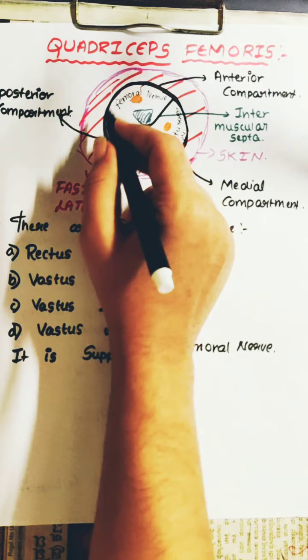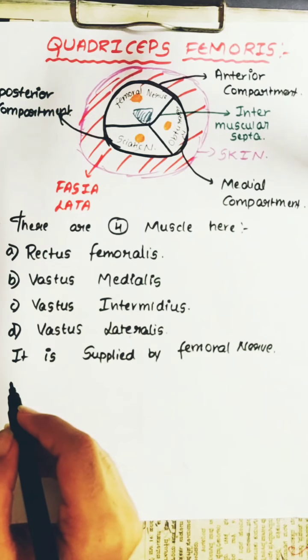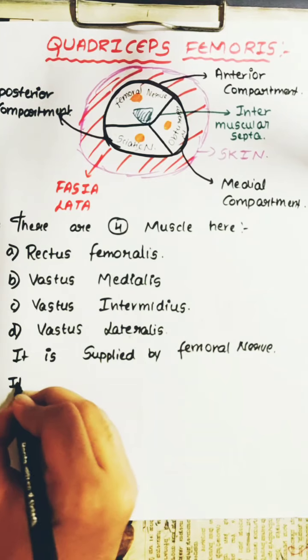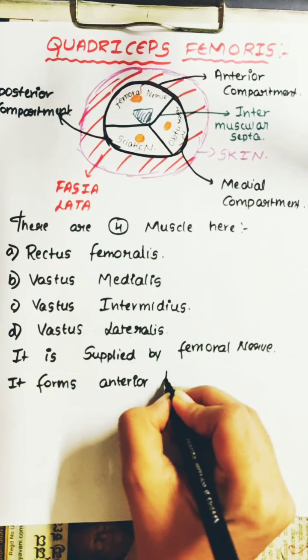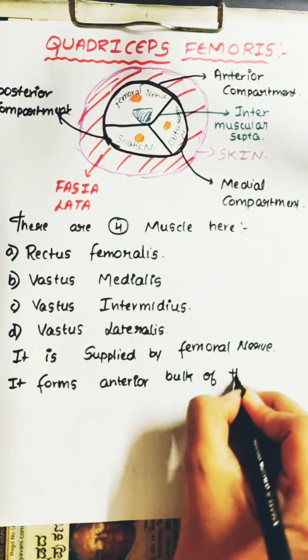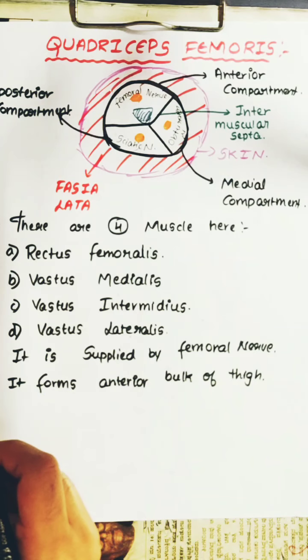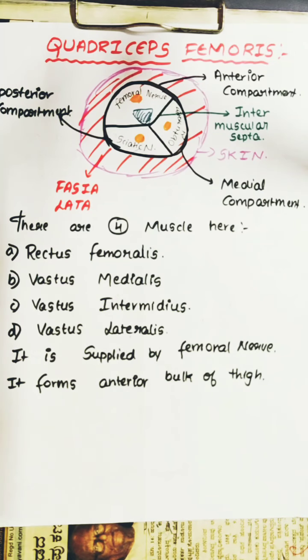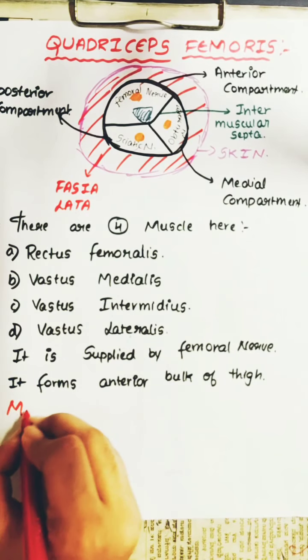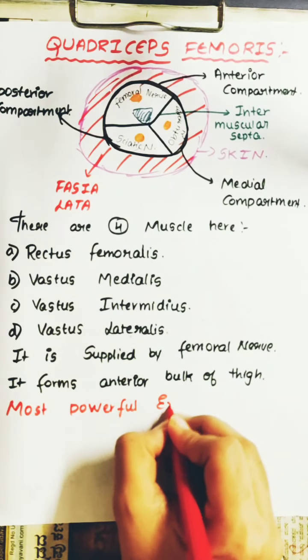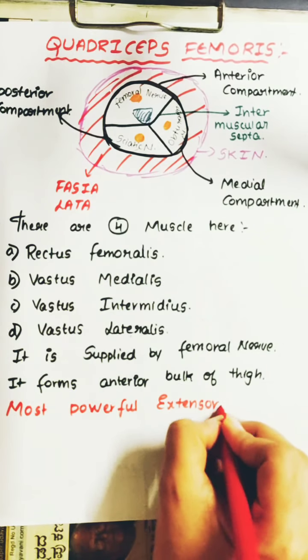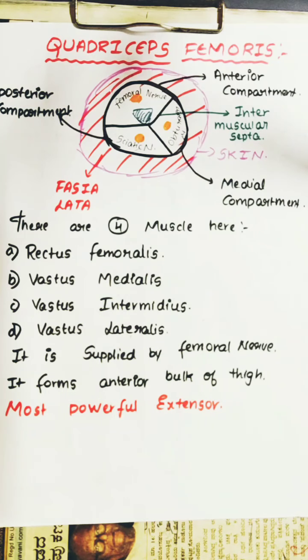As the anterior compartment occupies most of the area, it forms the anterior bulk of the thigh and is the most powerful extensor of the knee joint. You have to note this point. It is the most powerful extensor.